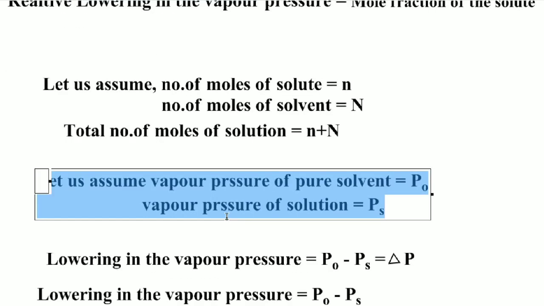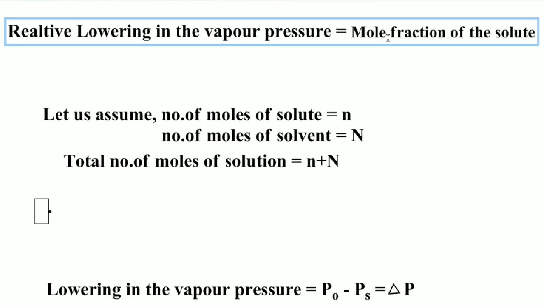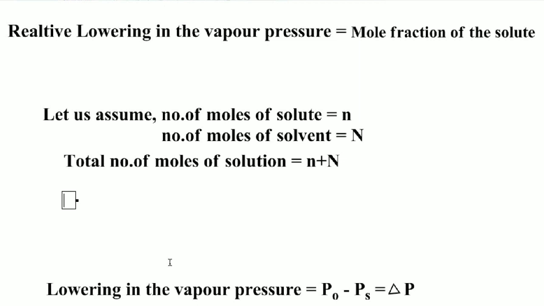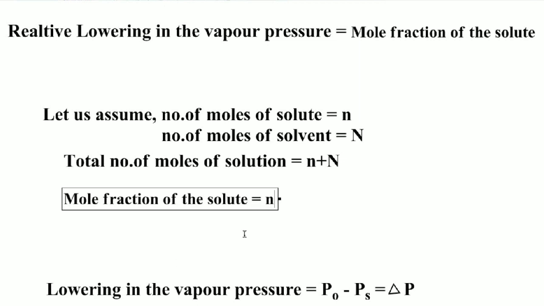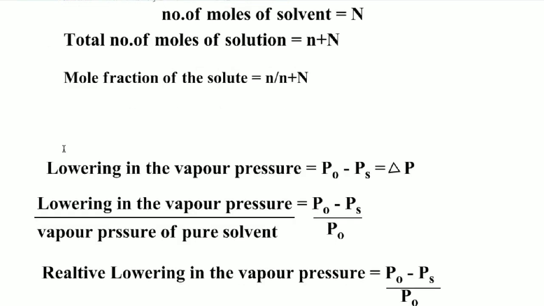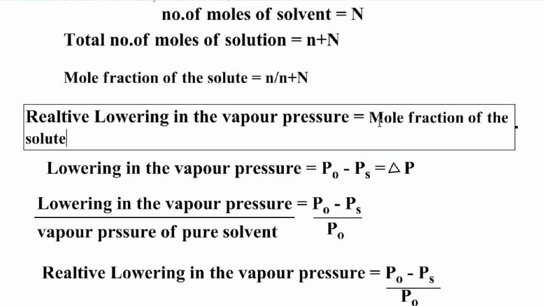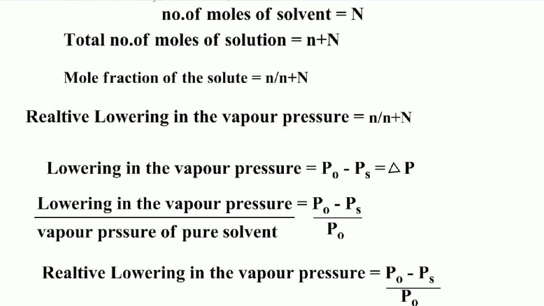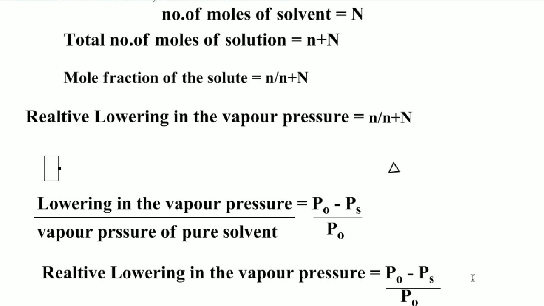Now the mole fraction of solute is equal to small n divided by small n plus capital N. Therefore, according to Raoult's law, relative lowering in the vapor pressure is equal to small n divided by small n plus capital N, that is nothing but the mole fraction of solute.